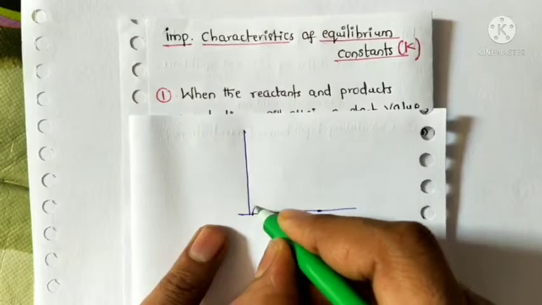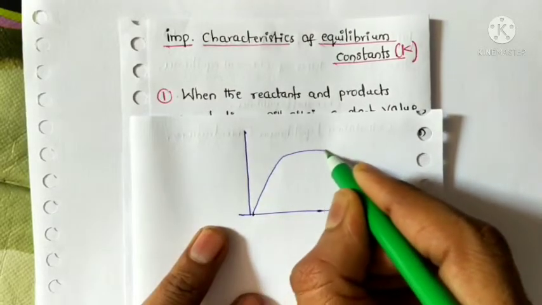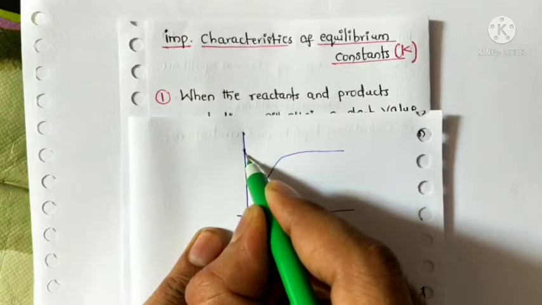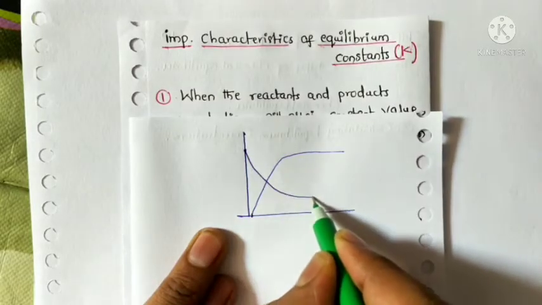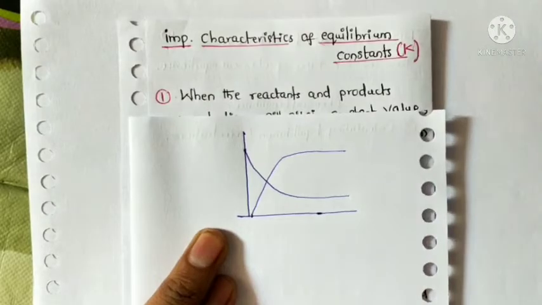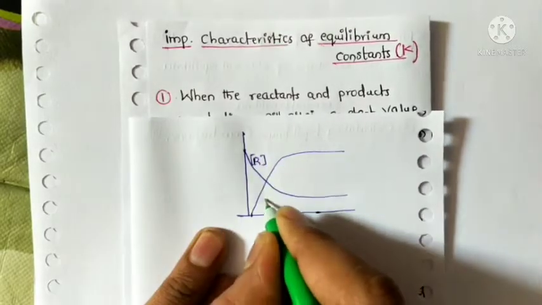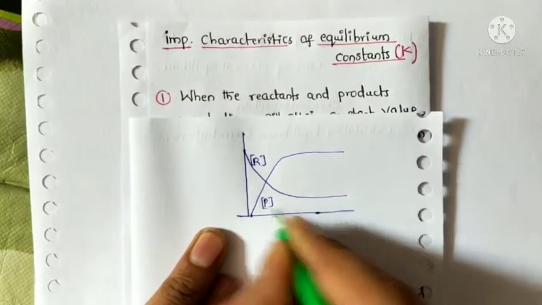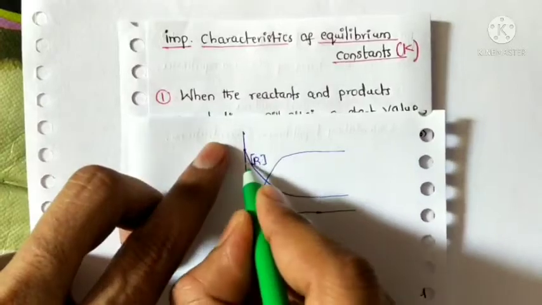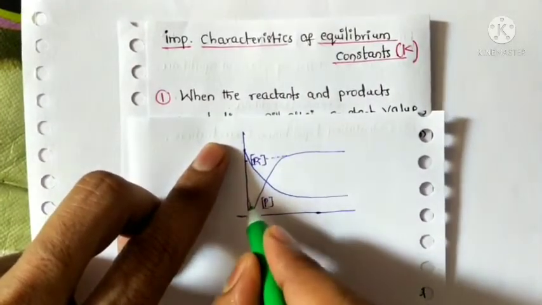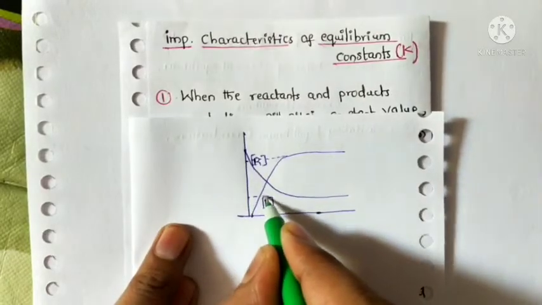So according to the graph, this is the product concentration, and the reactant concentration gradually decreases as time progresses. This is the reactant concentration, and this is the product concentration. At a certain time the product concentration is constant, as well as the reactant concentration.